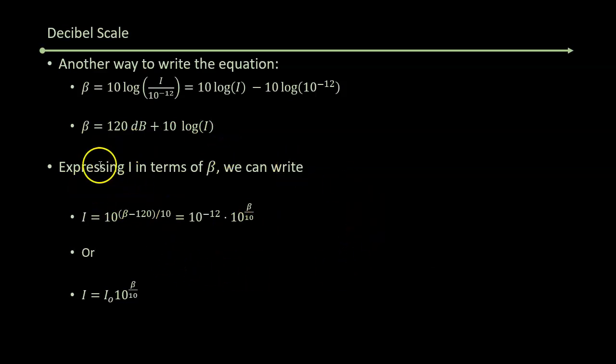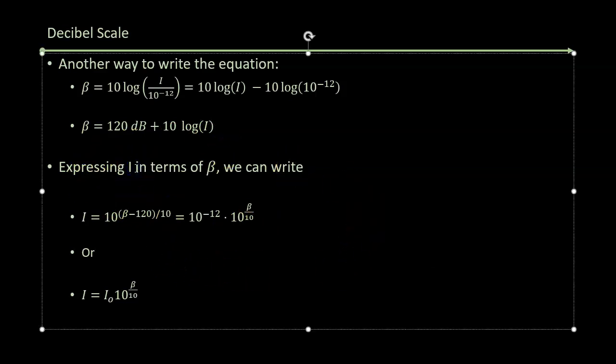If we turn this around and we express the intensity in watts per square meter in terms of the intensity in decibels, we get I is 10 to the minus 12 times 10 to the beta over 10, or I is I naught times 10 to the beta over 10. So 10 to the power of beta divided by 10.